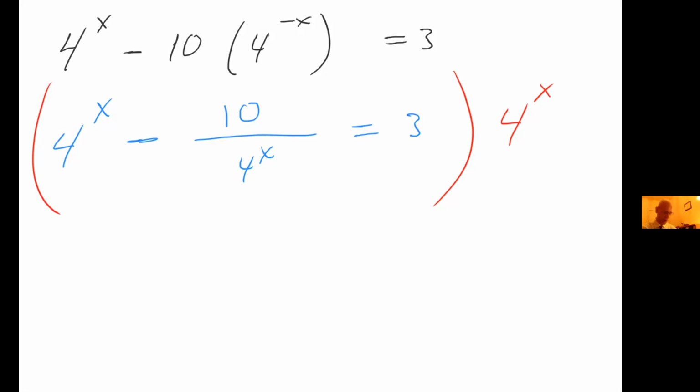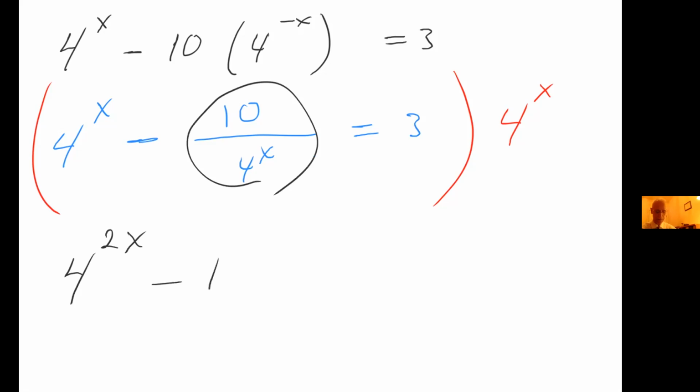4 to the x times 4 to the x is 4 to the power of 2x minus. Now, when I distribute it, the 4 to the x cancels out. I'm left simply with 10 equal 3 times 4 to the power of x.